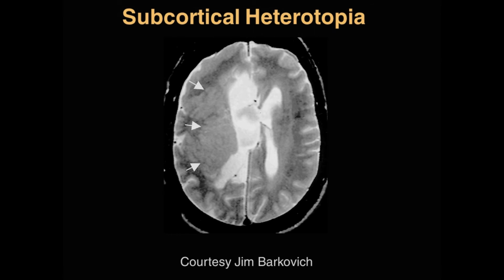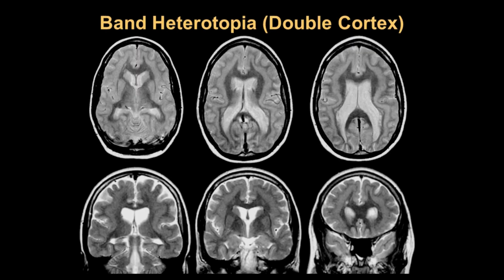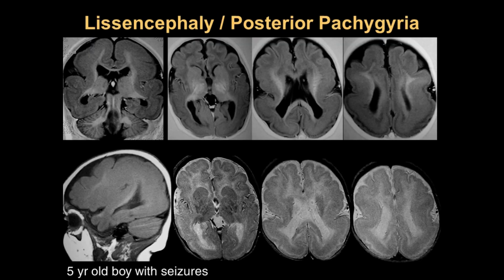We may get masses of neurons that become arrested out in the cortical mantle, as you see in this case from Jim Barkovich. We may see double cortex. This is more images in the patient I showed you earlier with band heterotopia, and these can have a familial basis. So beyond helping this patient, you may help their family understanding specific mutations that they should be aware of for their own counseling.